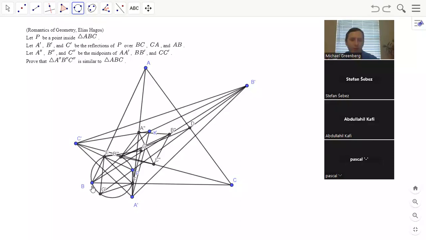We draw the three parallels to those three. It's probably an easier way to think about it.